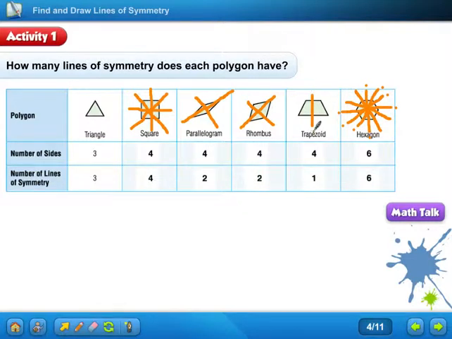This is one line. On this one, you can see that's one line, but just be careful because you don't want to double count them. So you've already counted 1, 2, 3, 4. 5 goes with 5. And 6. Does that make sense?